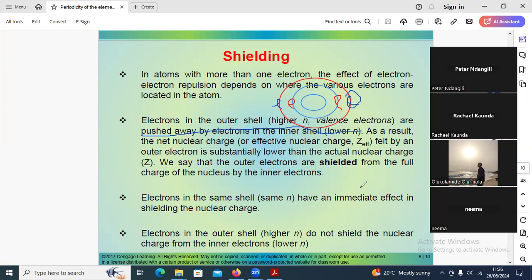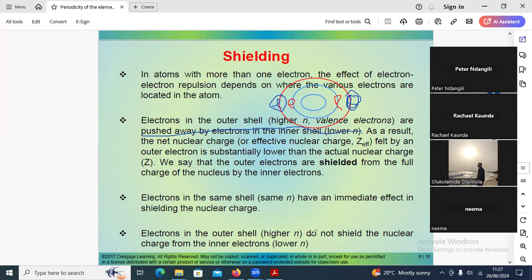It is very important to note that electrons in the same energy level will have an immediate shielding in the nuclear charge. What do we mean? The nuclear charge of this electron here is the same, the effective nuclear charge, as this electron, because these are electrons in the same energy level.